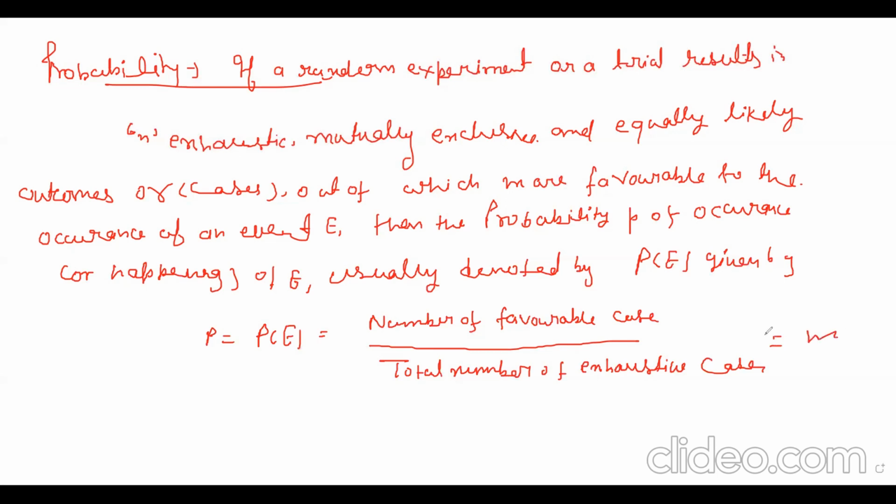We can write the number of favorable cases as m and the total number of exhaustive cases as n, and the probability is given by m by n.